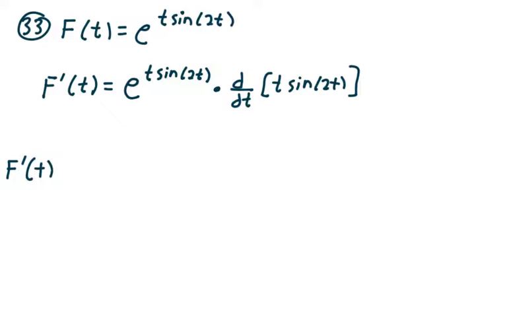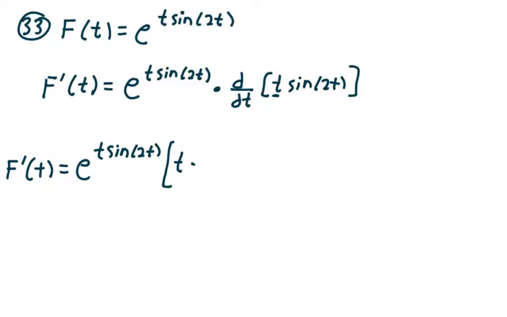Now, to take the derivative of t sine of 2t, we have to apply the product rule. So we get e to the t sine of 2t times... Now, I'm going to write down the first function, which is t, and I'm going to take the derivative of sine of 2t with respect to t.